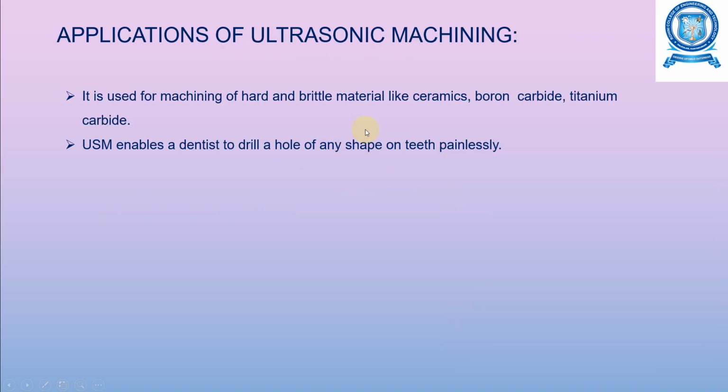So coming to the applications of ultrasonic machining, this ultrasonic machining is used for machining of hard and brittle material like ceramics, boron carbide, titanium carbide. And this ultrasonic machining enables even a dentist to drill a hole of any shape on teeth painlessly.